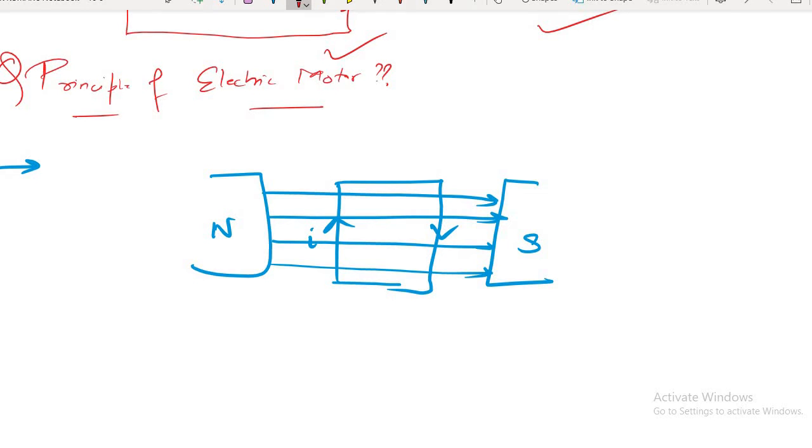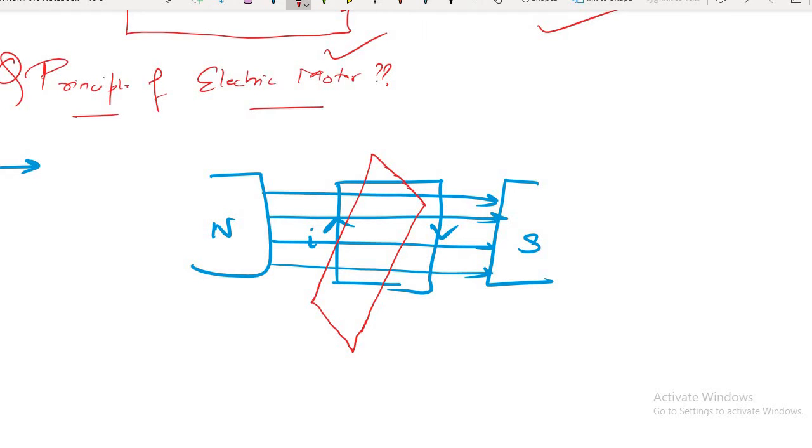If the coil is placed like this, it will experience the minimum amount of force. But if the coil is placed perpendicularly, then what will happen? It will experience maximum amount of force.